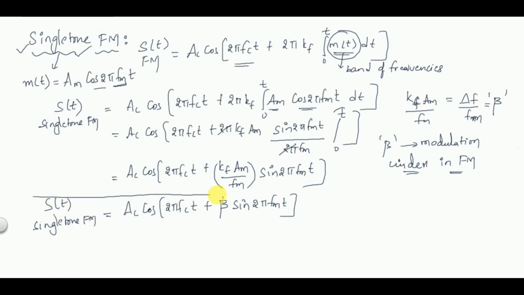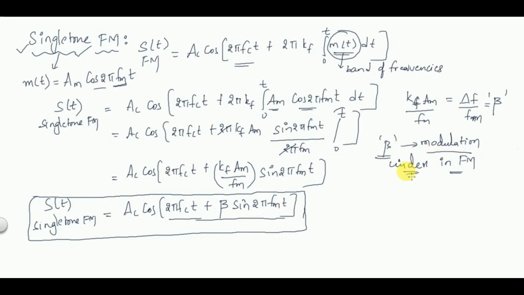S of t is equal to Ac cos of 2 pi fc t plus beta sin 2 pi fm t, and beta is called the modulation index or depth of modulation in the case of FM, as we have mu in the case of AM.